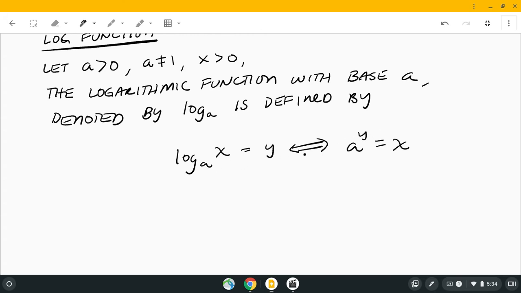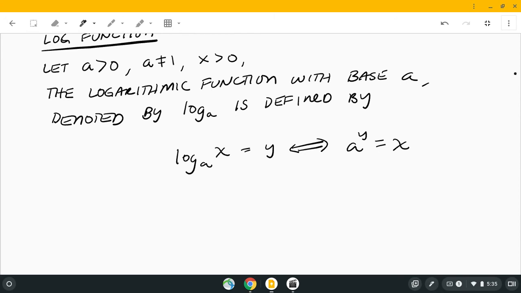This y is the same y that's over here. And this x is the same x that's over here. So this is the log form, and this is the exponential form. So this base raised to this power should give you this x value. A to this outside value, y, should give you x. A to the y equals x.